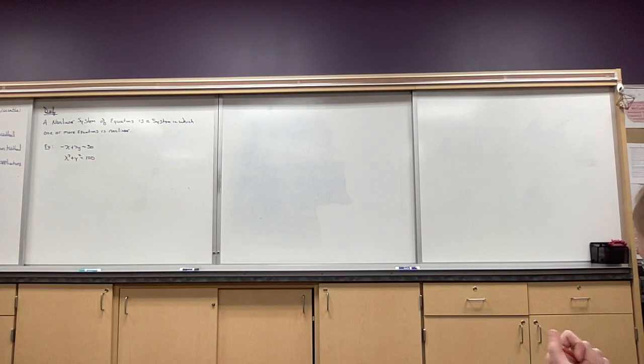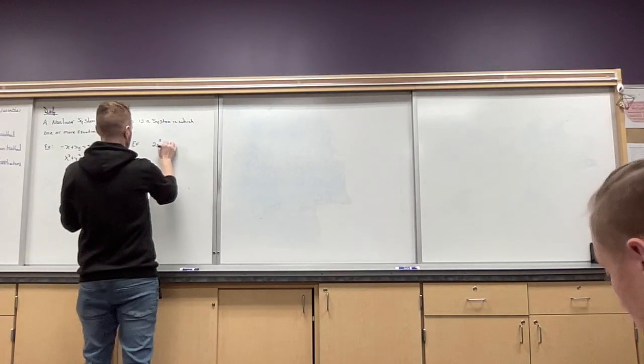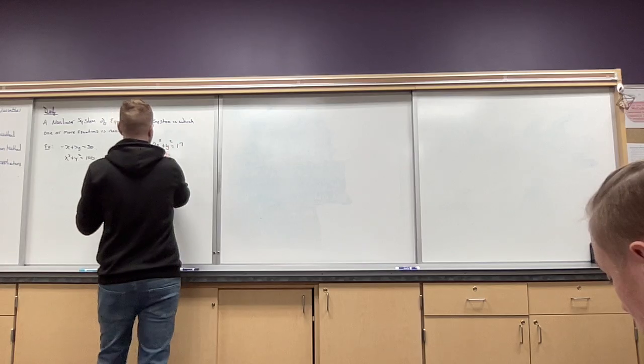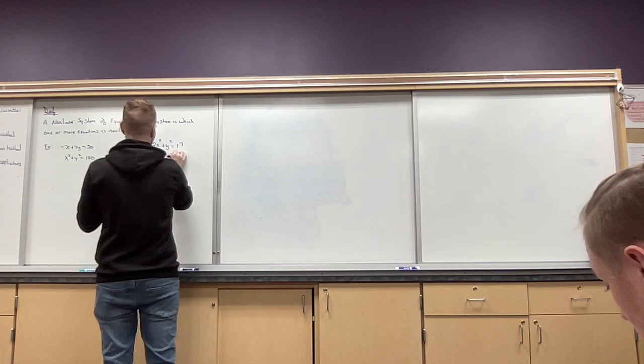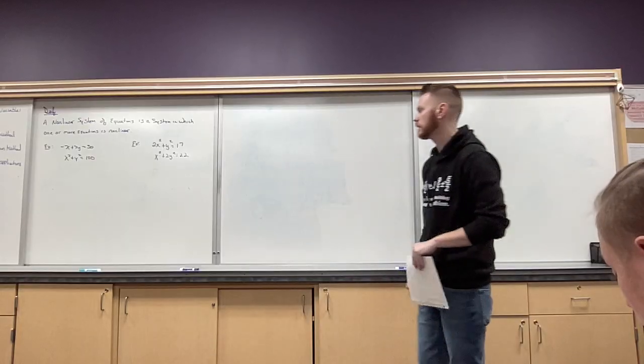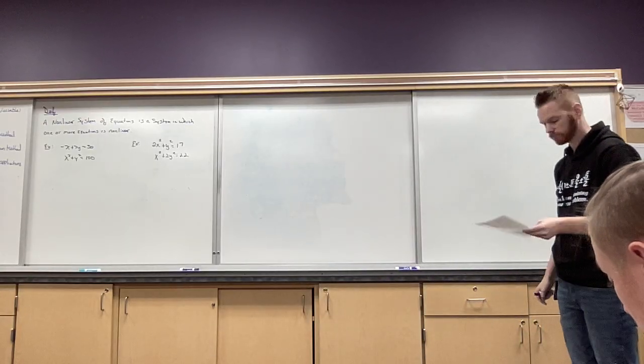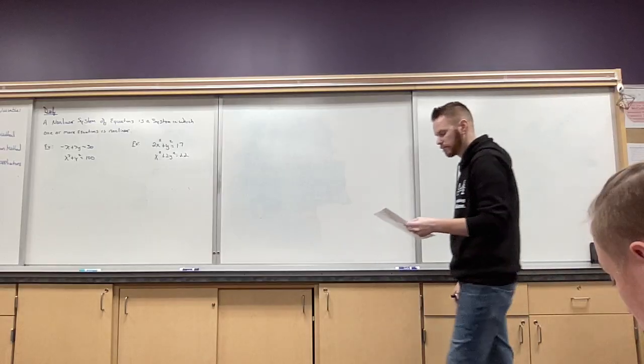The first one is a linear equation, the second one would be a circle, which is nonlinear. Or you can have both of them. So 2x squared plus y squared equals 17, x squared plus 2y squared equals 22. That is an example of both of them not being linear. You just got 2 circles.